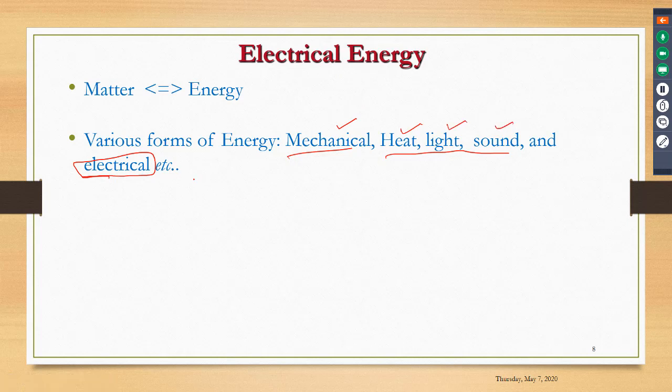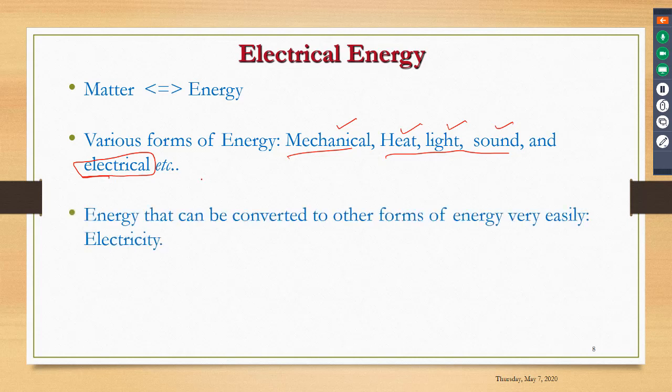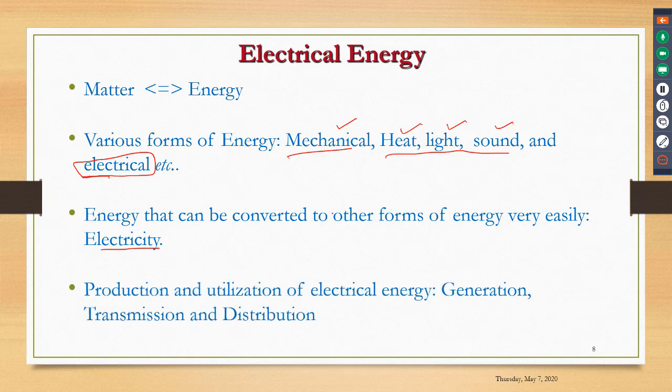So therefore electrical energy plays a very important role in the development of a society or development of a country. So energy that can be converted to other forms of energy very easily, that is electricity, right? That is the electrical energy that can be converted to other forms of energy very easily.